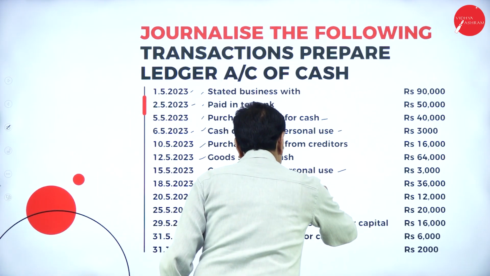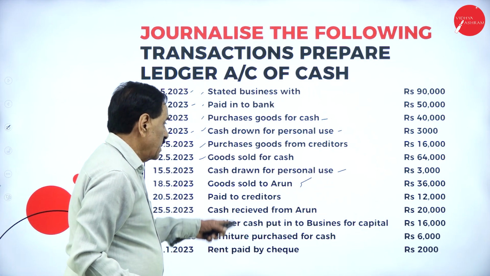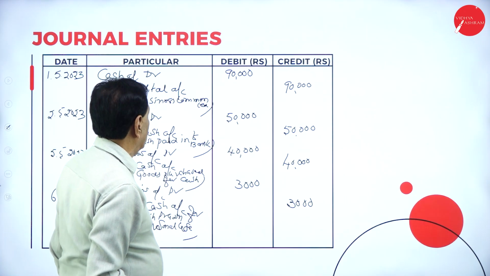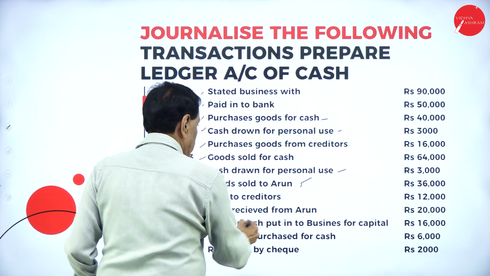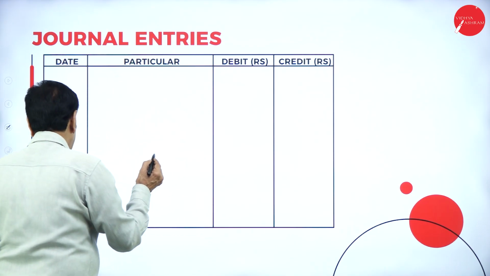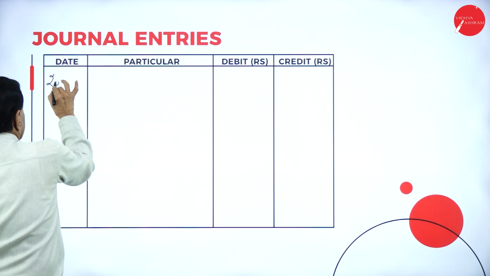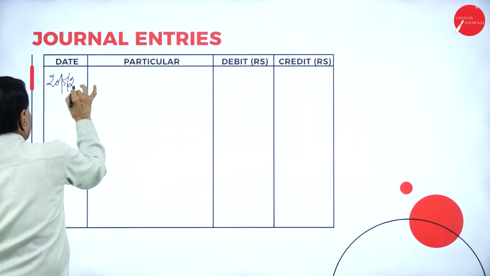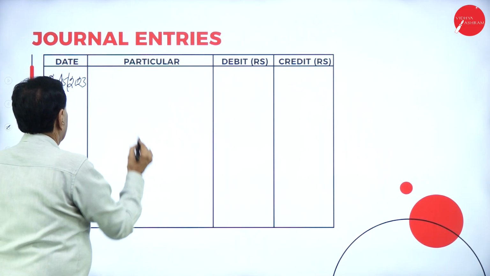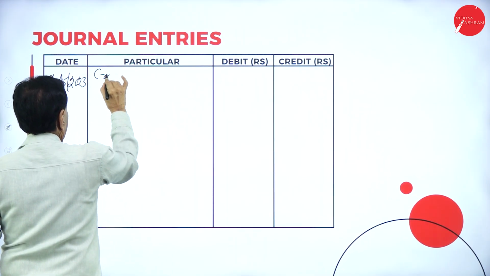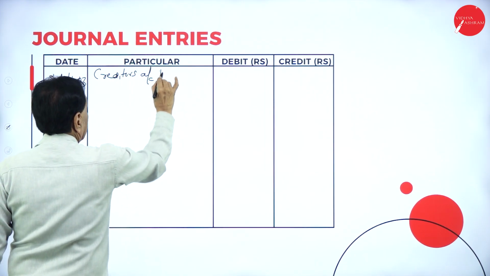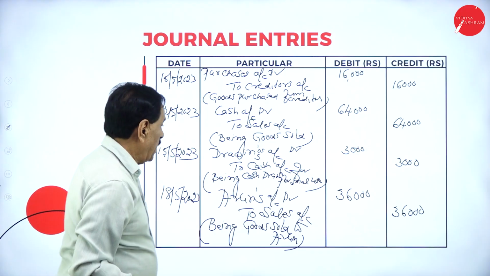This is over. Paid to creditors. That is on the 20th. Creditor account debit to cash account. How much money paid? 12,000 on the 20th, 2023. Creditors account debit. How much money have you paid?